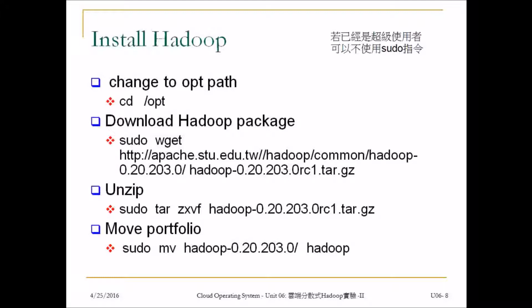Suppose you use the Ubuntu Enterprise Cloud environment, then you only have the terminal environment for you to execute the command. Please first change to the /opt path. You have to change to the correct path. Then you can download the Hadoop package. Now the Hadoop package version will be newer.